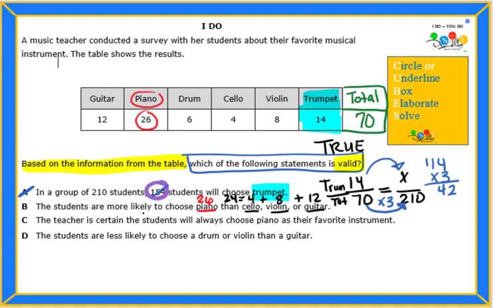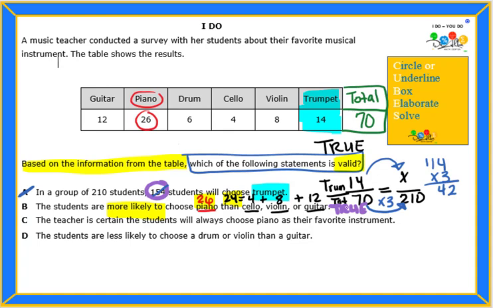So the students are more likely, there's our comparison statement, more likely to choose 26 than 24. So is 26 more likely than 24? Yes, that is true. So it looks like I found my answer. But to be careful, I'm going to go ahead and check C and D.